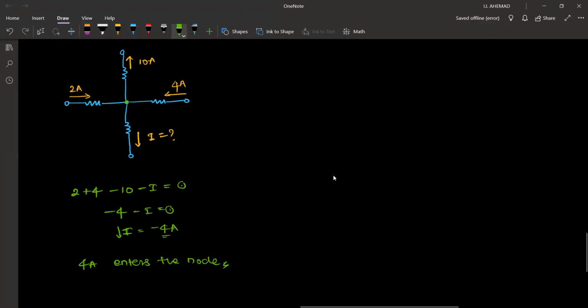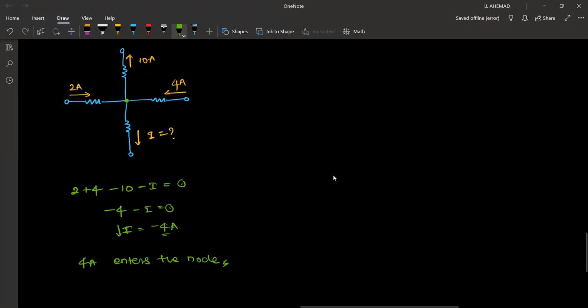Very clear. 4 ampere enters the node. Because the value came in negative, that means the direction I have considered is incorrect. It should be in the opposite direction. So here I have considered it as leaving the node, but actually it is entering the node. Okay, is everyone clear?